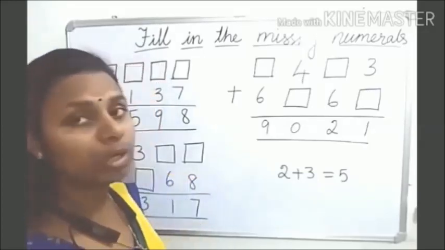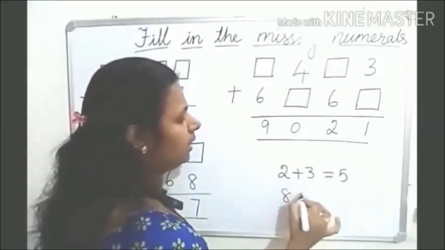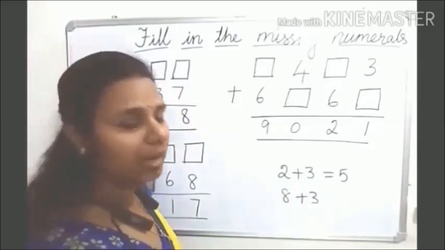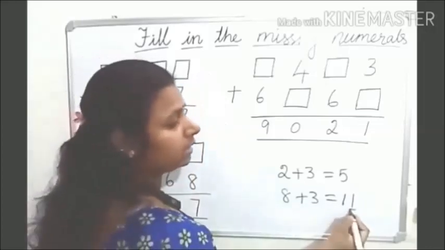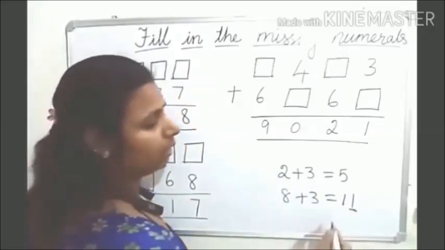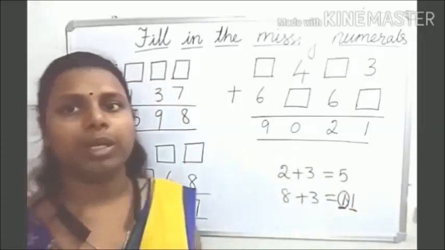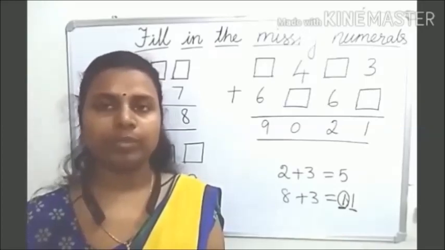For example, 8 plus 3 is 11. So we write this in ones place, and we take this tens digit to the next place to carry.